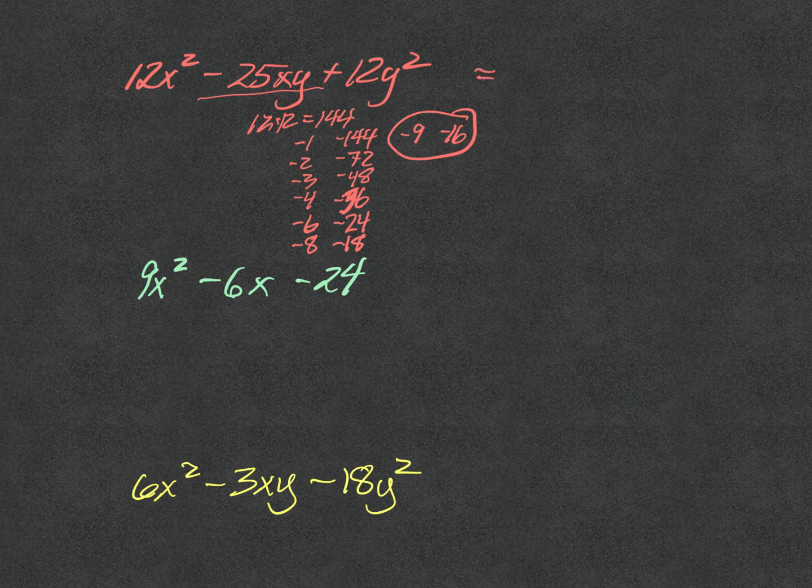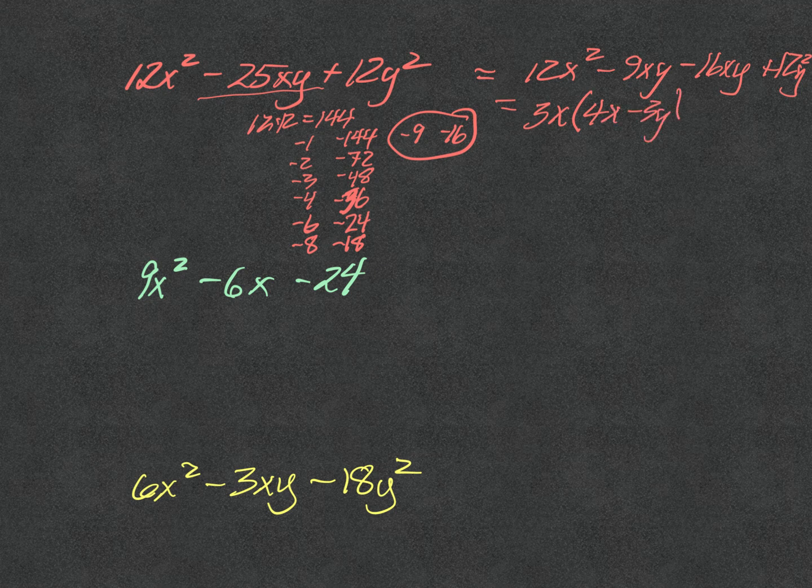So now we can do the factoring by grouping. 12x squared minus 9xy minus 16xy plus 12y squared. All right. So common factor here is 3x, and we're left with 4x minus 3y.